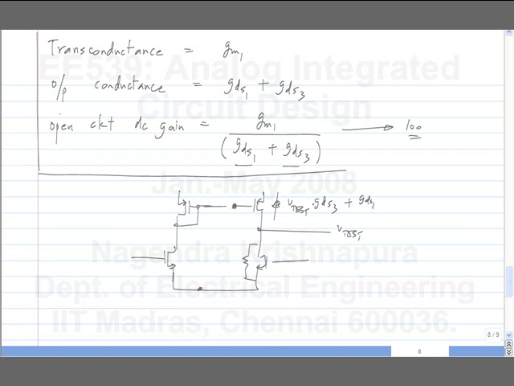But let's say I connect some resistance in series here. That is, I make the looking-in impedance look higher also, right? And that means that looking in here also you will get higher impedance. So what will happen? You will get V test times GDS3 here, and this will not be GDS1 by 2. It will be some G1.